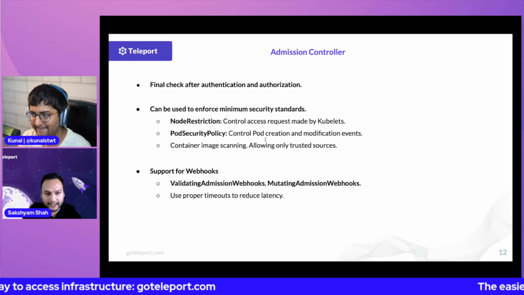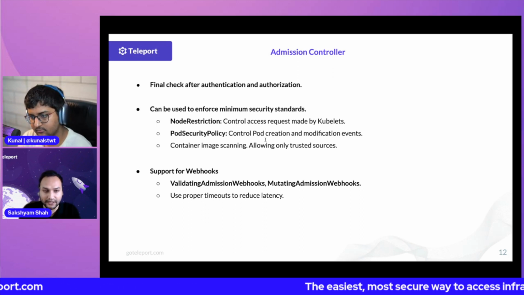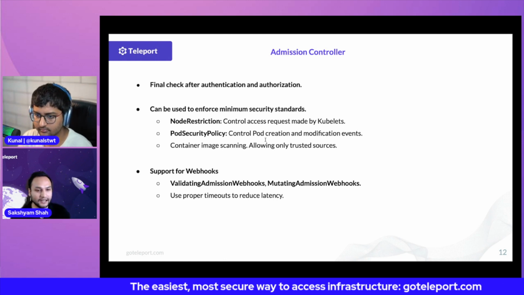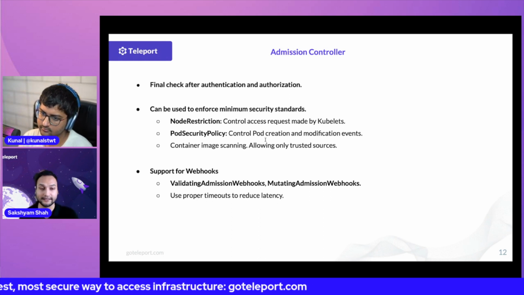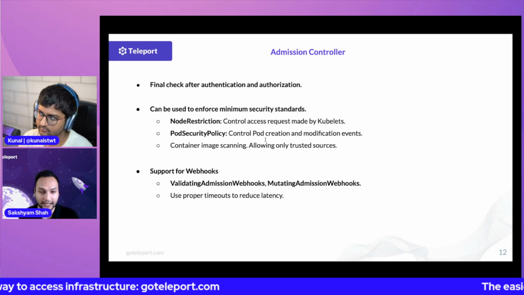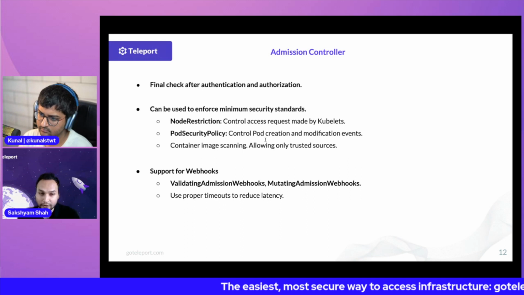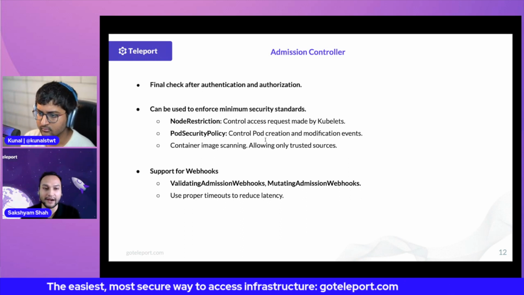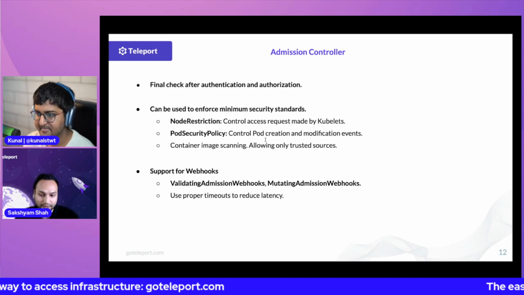The one thing here is to think about proper timeouts to reduce latency, because using webhooks creates requests to other external resources, which means it is subject to network latency. So if it's not handled properly, you might create latency overall in the API cluster, which means that since it is used by everything in the Kubernetes cluster, it might affect other operations as well.